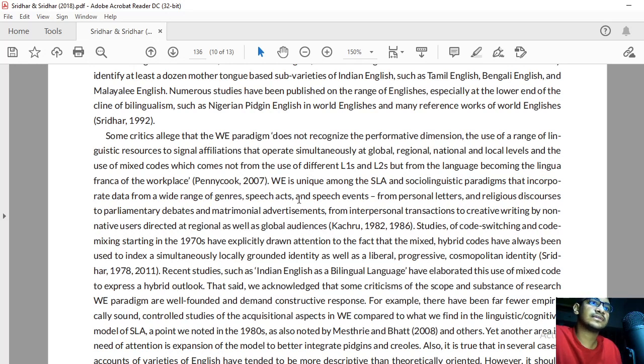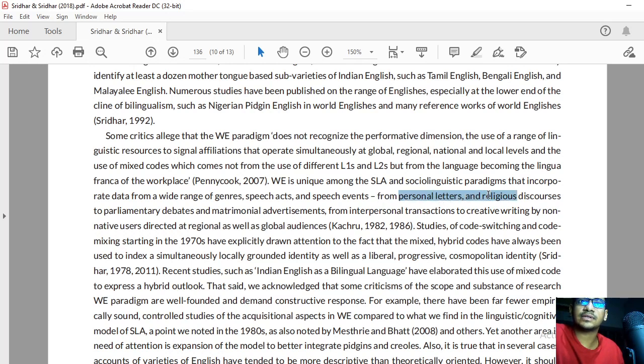So Sridhar and Sridhar say that no, actually World Englishes does not just talk about the surface level information. It doesn't only conduct research about what language a specific type of community is using, but the World Englishes scholars also go deep into very specific genres.